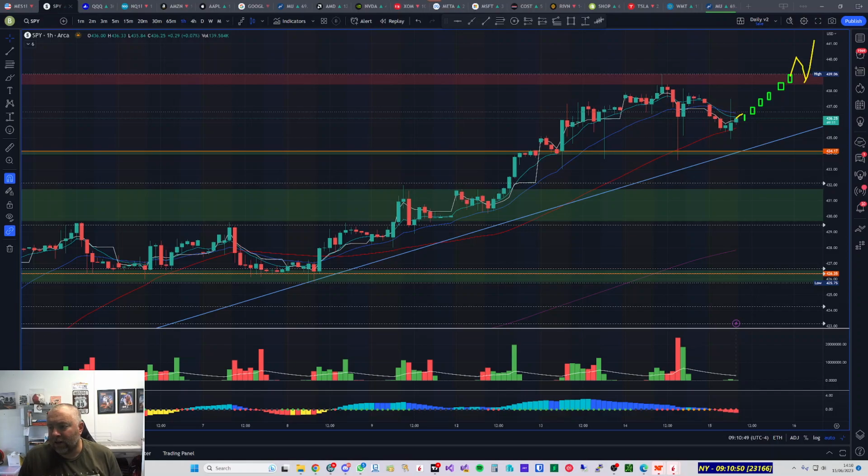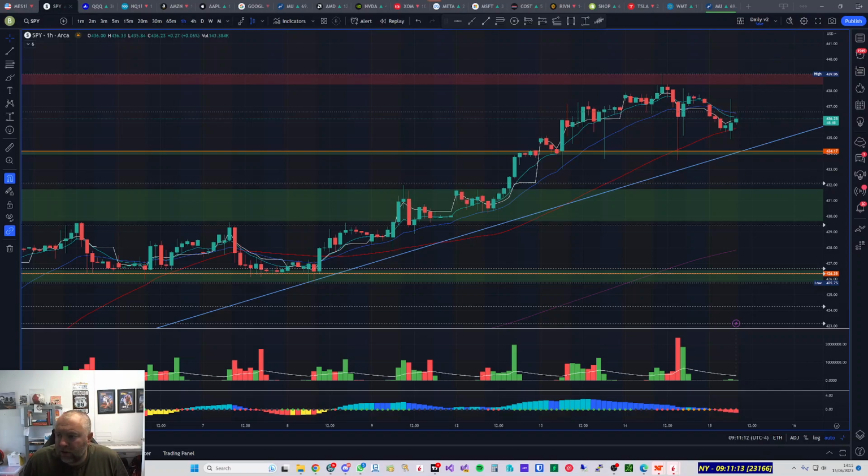But if we see bigger candles, so it looks a bit like this, so we open, we see a big candle, another big candle, and break the top, then I'll be looking for a rejection. But I won't be biased either way. I'm looking for both a rejection or a continuation.